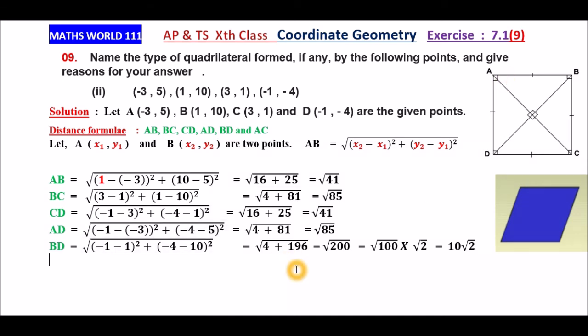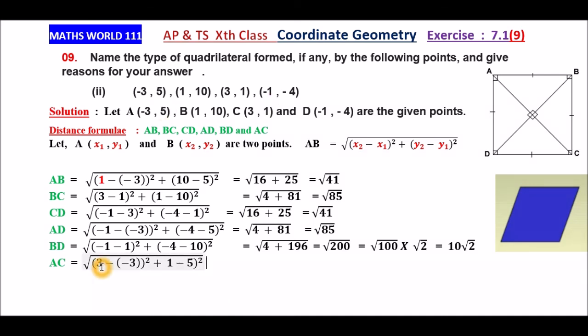AC is equal to the square root of (x2 minus x1) whole square. x2 is 3 and x1 is -3, so (3 minus of -3) whole square, plus (y2 minus y1) whole square. y2 is 1, y1 is equal to 5. So (1 minus 5) whole square.